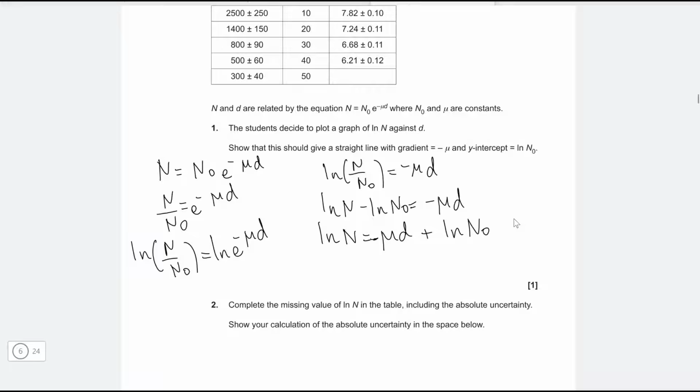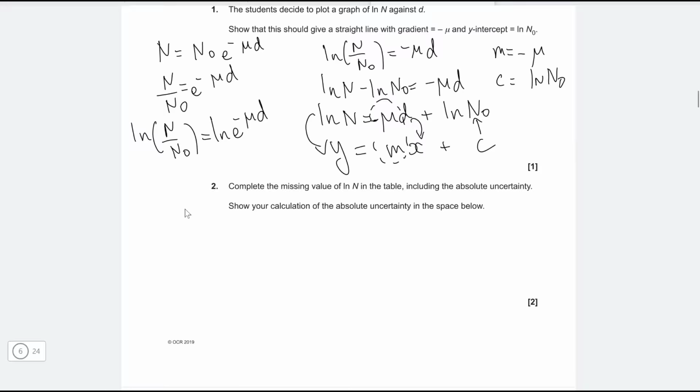Just write y is equal to mx plus c here, and we can see that if ln N is on the y-axis and d is on the x-axis, we have our gradient to be minus mu, and we have our intercept to be that. Just to be super clear, I'm going to write down that the gradient is equal to minus this constant, and our intercept c is equal to the natural log of the initial number.